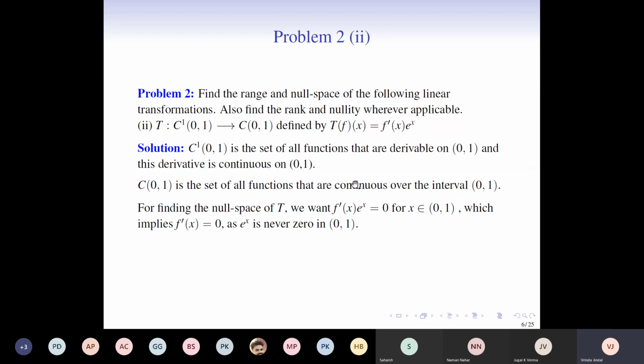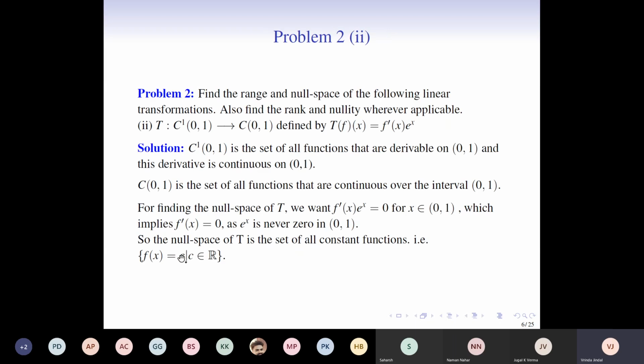So in order to have f dash x into e power x equal to 0, we must have f dash x equal to 0. F dash x equal to 0 means that f is a constant function such that if we have f of x equal to c, the derivative of f of x, that is f dash x, will be 0. So the null space of T is the set of all such functions, that is all constant functions.